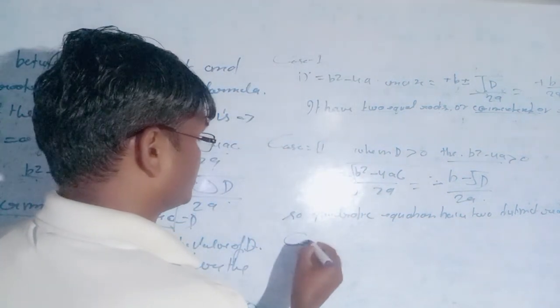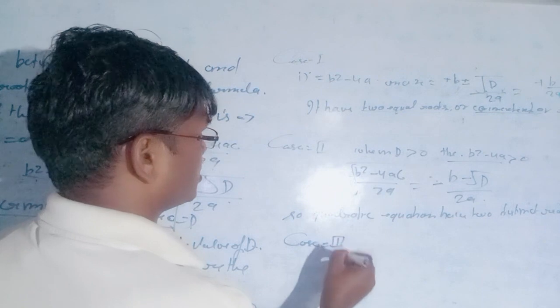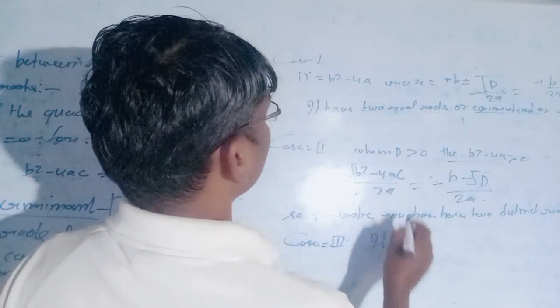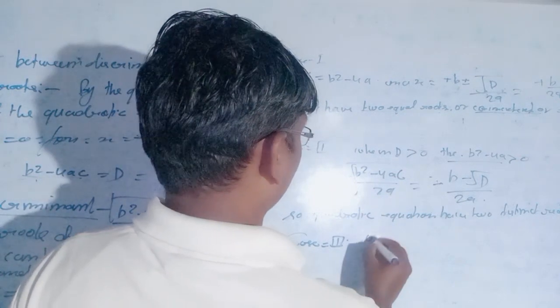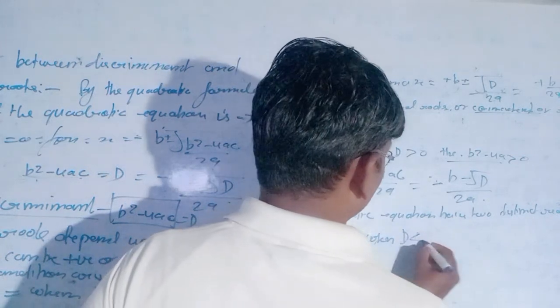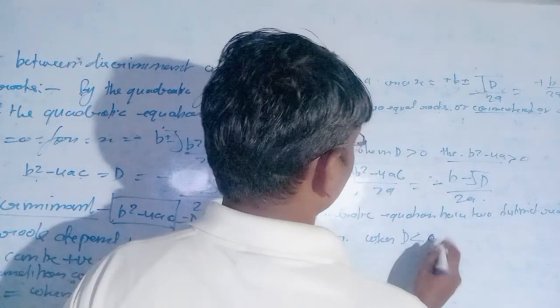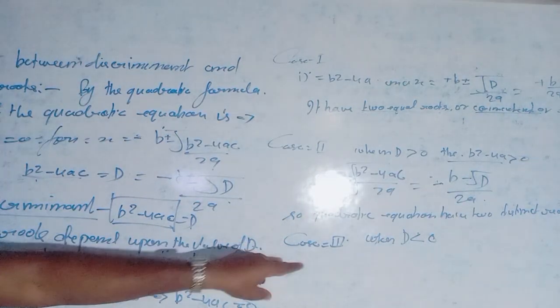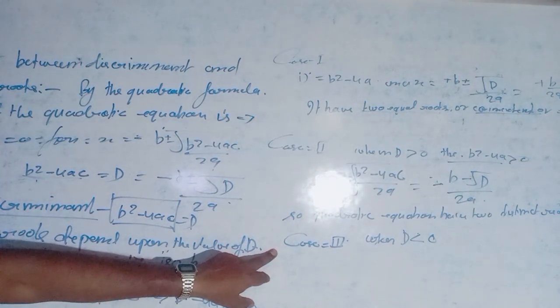And in case of the third, what happens if d is less than 0?